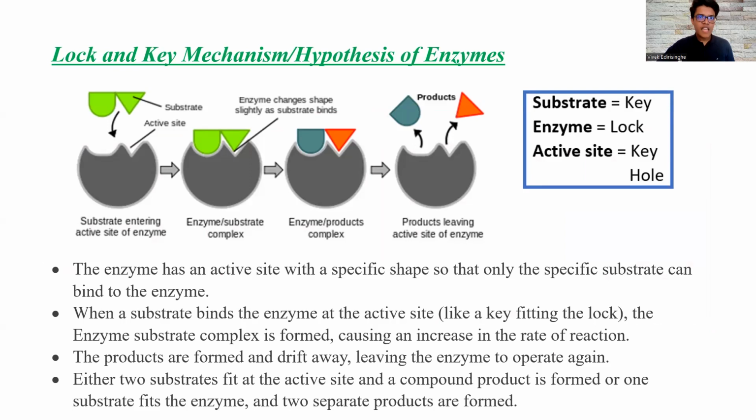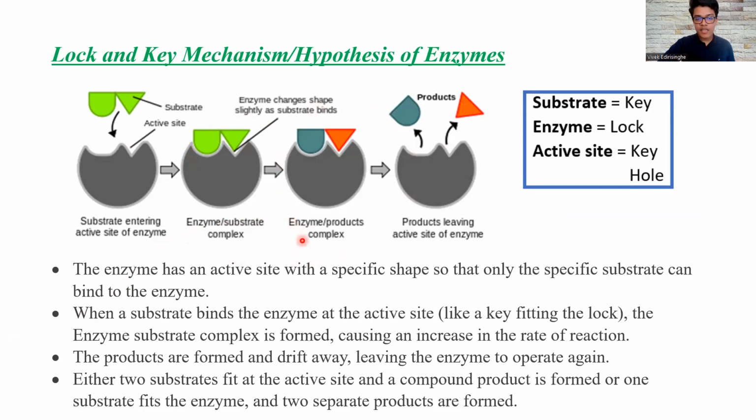So each and every enzyme has an active site with a specific shape that only allows a specific substrate to fit in, similar to the concept of each lock having a specific key. Then the enzyme and the substrate would bind or connect at the active site like a key fitting a lock, shown in the second diagram here, forming the enzyme substrate complex.